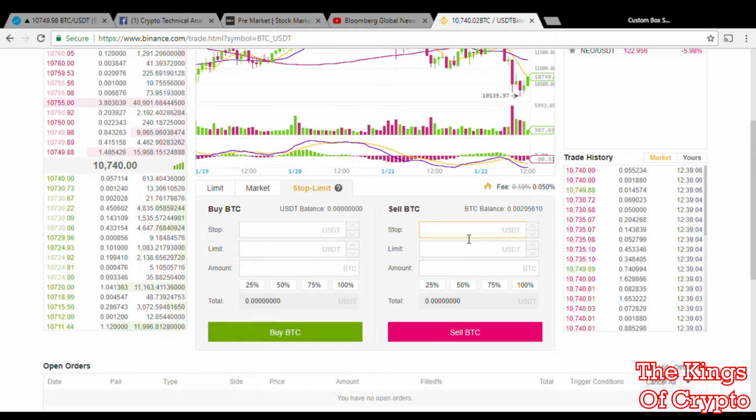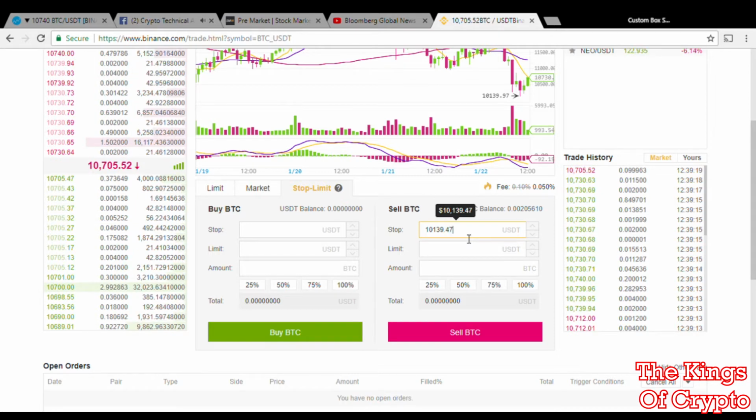So I will put in my order at $10,139.47. So if it comes more than 50 cents below its previous lowest price of the day, then it will trigger my stop loss and it will automatically put an order out there to sell.